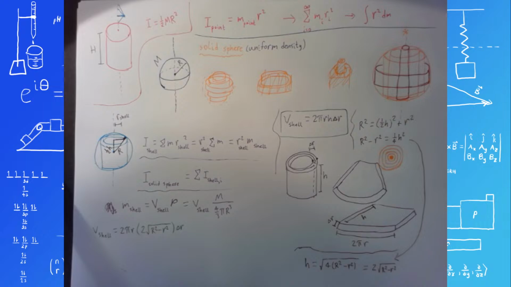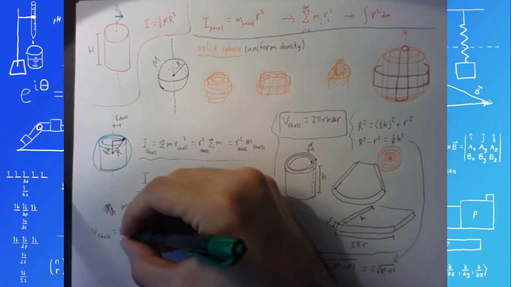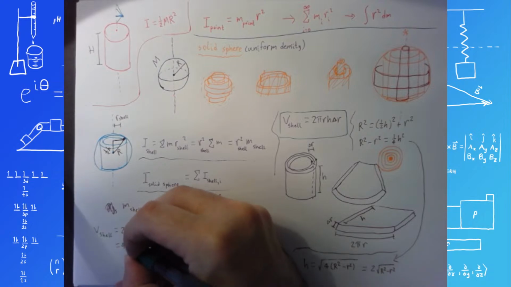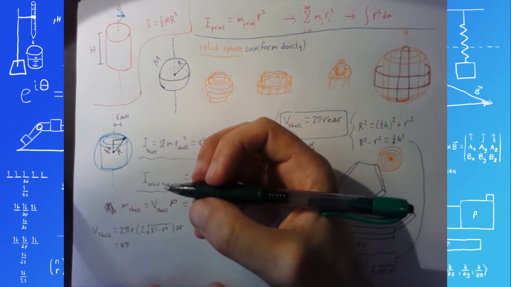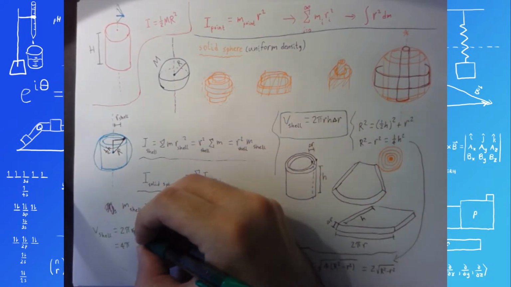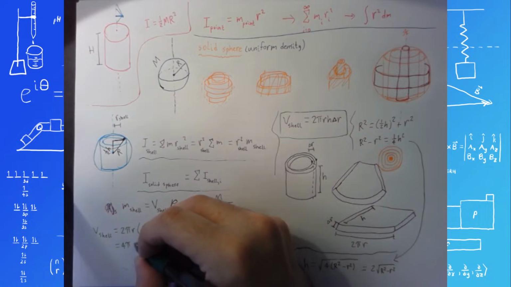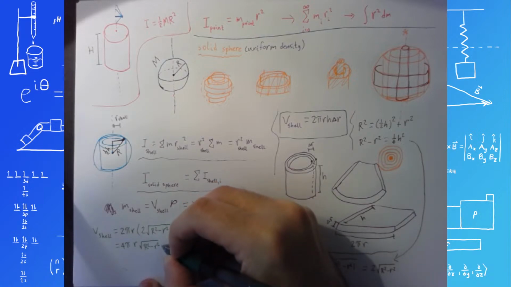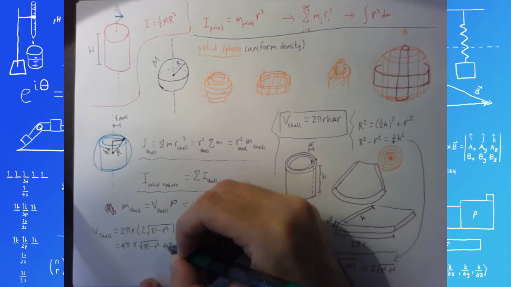Okay, factoring out the 2 over here and merging it with the 2 over there, that would be 4 pi, and then we've got r times the square root of big R squared minus little r squared delta r.